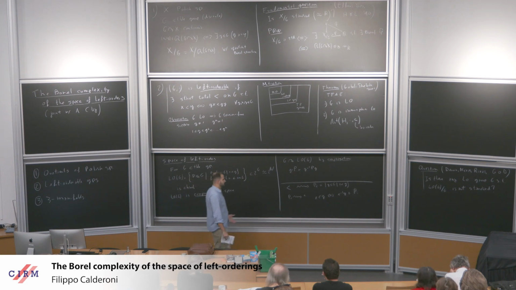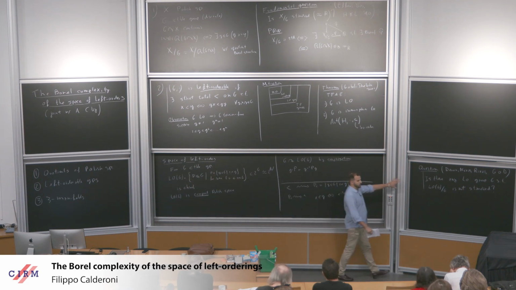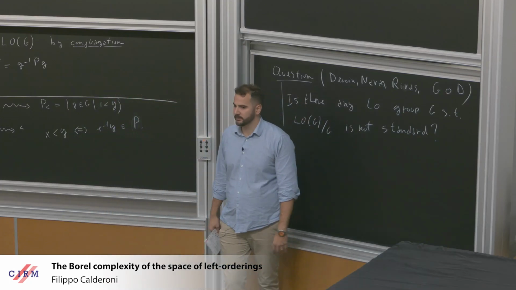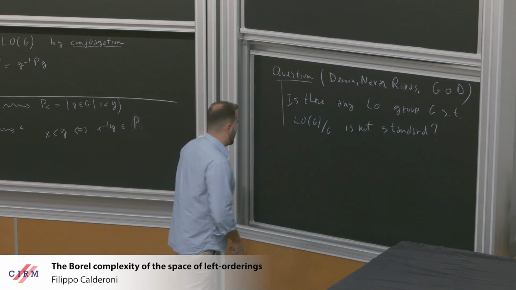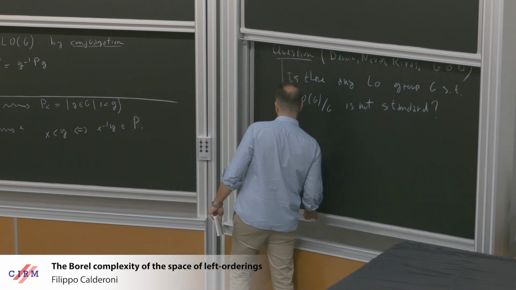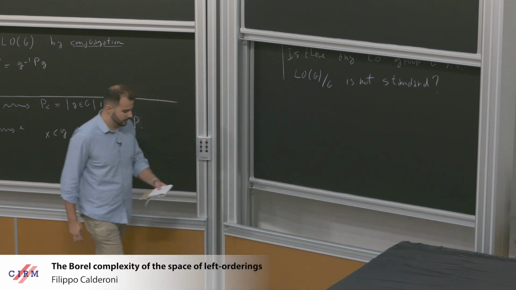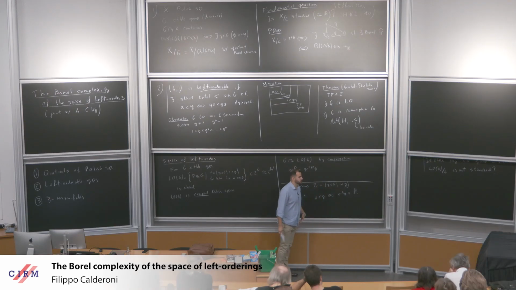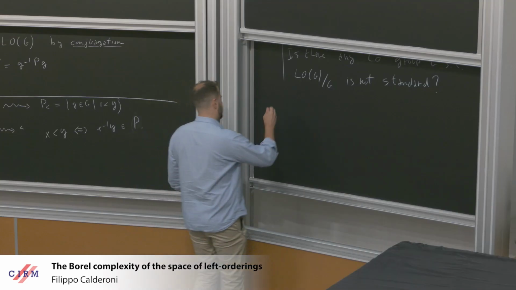Maybe it wasn't clear to them, but this is the classical question that you can attack with descriptive set theory. And the main tool that we use is generic ergodicity. Here there is a proposition that plays a crucial role in several results that we have, so I might as well write it down.